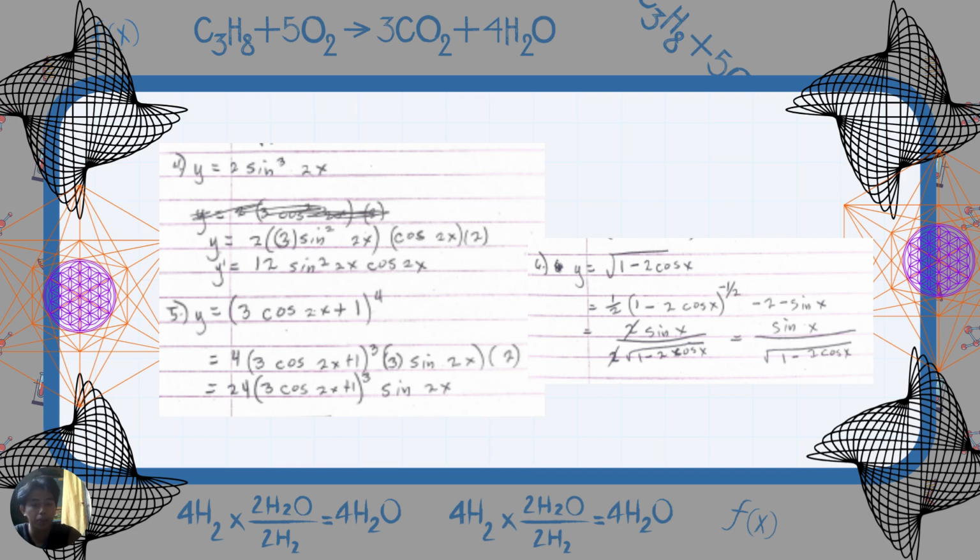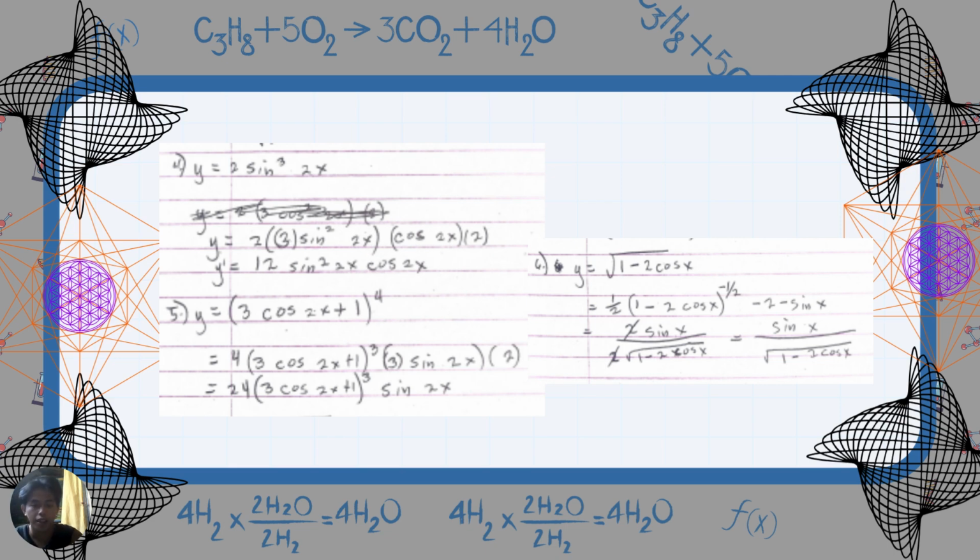So let's multiply all the constants, which is the 2, 3, and 4. So 2 times 3 is equal to 6. Then times 4, it equals 24. And then copy the 2 cos 2x plus 1 cubed. Then also copy the sine 2x. So that's the derivative of number 5.